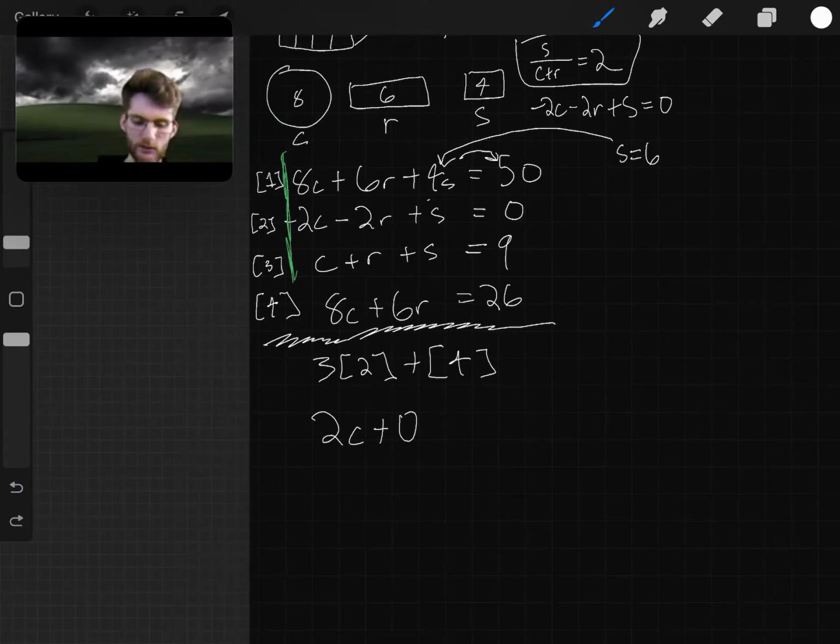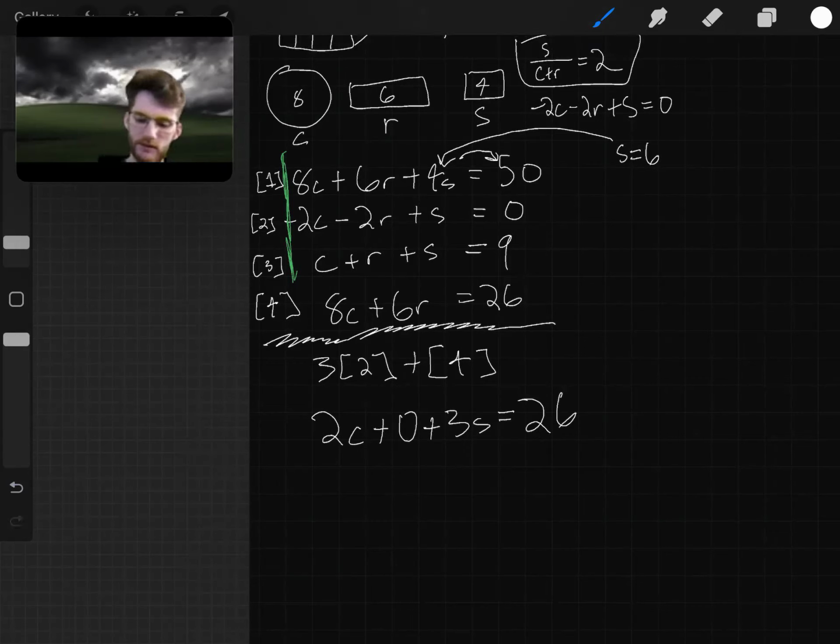And in equation 4, there is no s variable, so I don't have to worry about it. So now I just have 3s. And then for the right side of the equal sign, 3 times 0 equals 0. And add that to equation 4, which is 26.